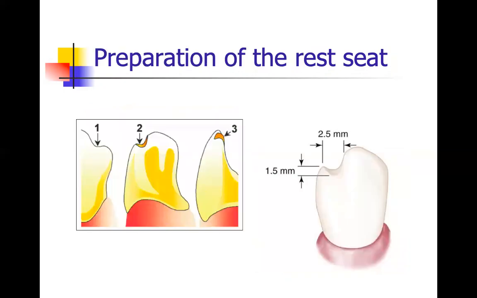An incisal rest seat is prepared in the form of a rounded notch at the incisal edge of a canine or on the incisal edge of an incisor. The notch should be beveled both labially and lingually.